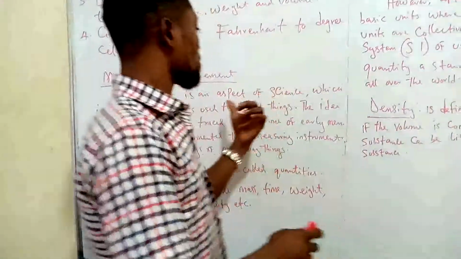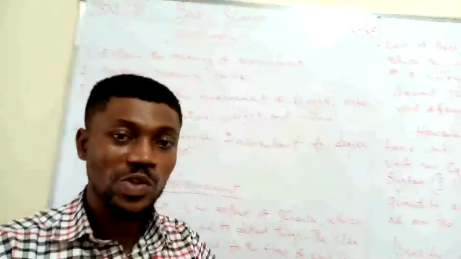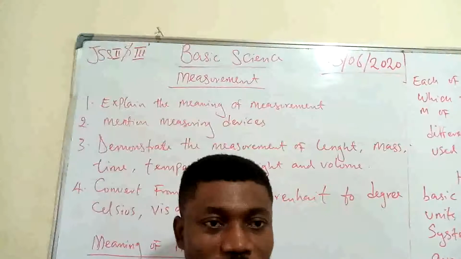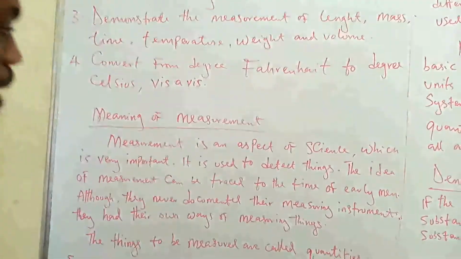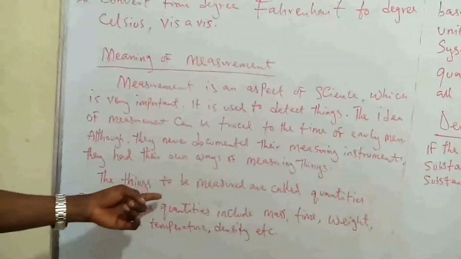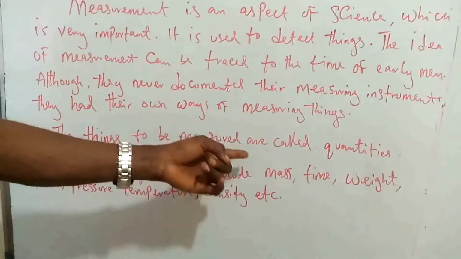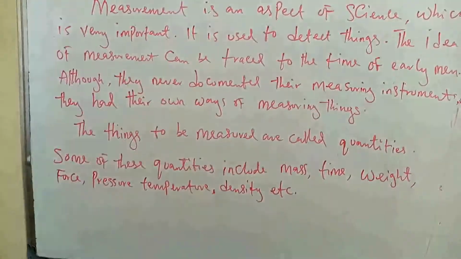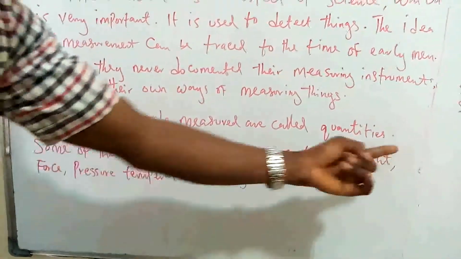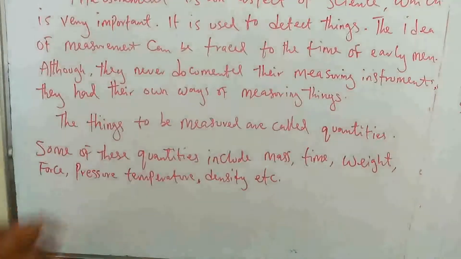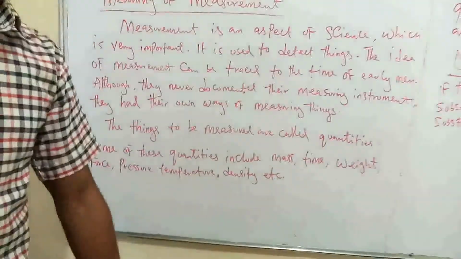But without this measurement, you won't know how you should apply these things and the quantity at which they should be applied. So the things to be measured are called quantities. Some of these quantities include mass, time, weight, force, pressure, temperature, density, etc.